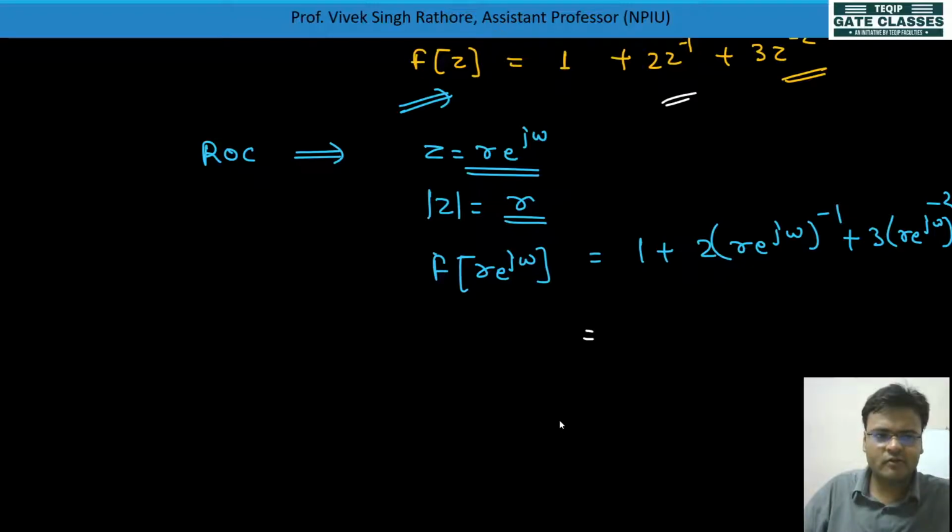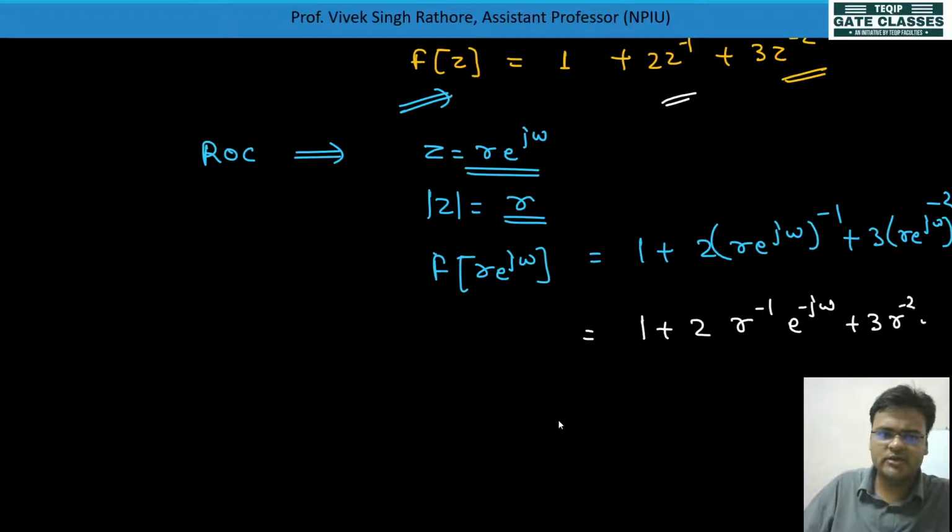So I am telling you, for which value of r will this expression not hold? r to the power minus 1 is there, 1 plus 2 r to the power minus 1 e to the power minus j omega, no issue. 3 r to the power minus 2 e to the power minus 2 j omega.